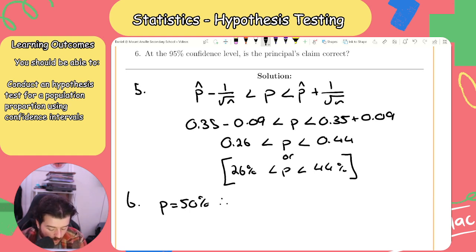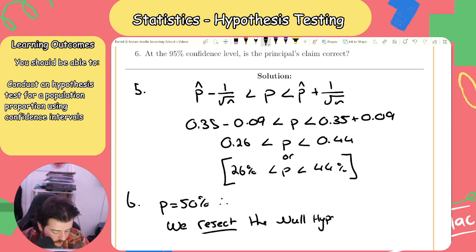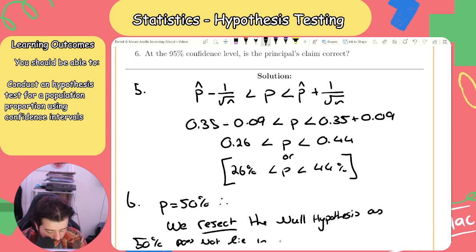So therefore, we reject the null hypothesis as 50% does not lie in my interval.